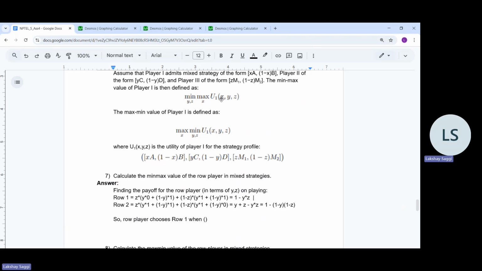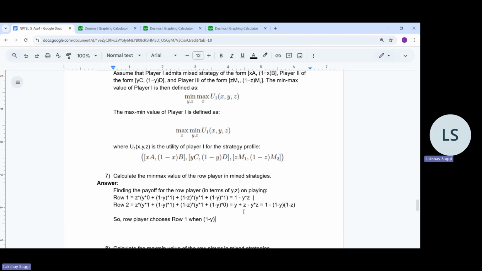So here what we want is the min max value. So the row player actually wants to maximize. So the row player will choose row one when this quantity is greater than this quantity. And when is this quantity greater than this quantity? When this is actually less than this. So something like 1 minus y.